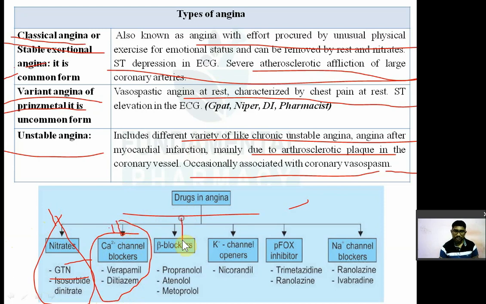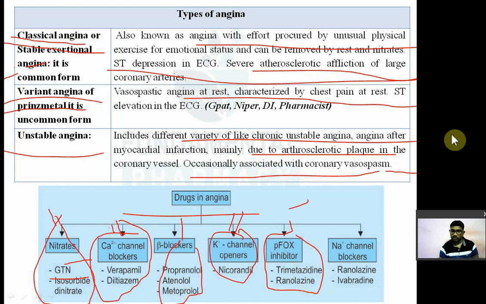Okay. Third class is nothing but the beta blocker, for example propranolol, atenolol, metoprolol. Then potassium channel openers. So nicorandil and all this, pinacidil, nicorandil, etc. Fourth class will be partial fatty acid oxidase inhibitors, trimetazidine and ranolazine.